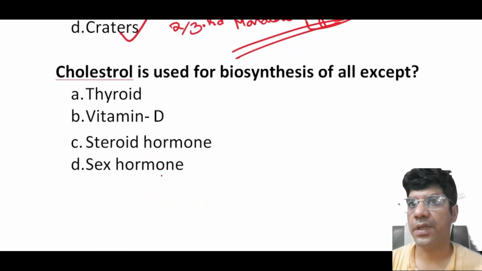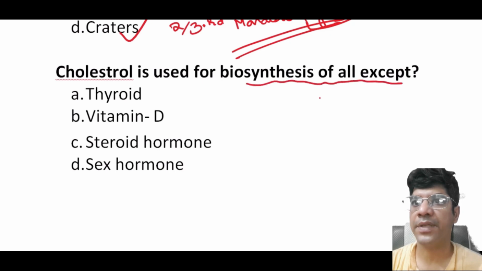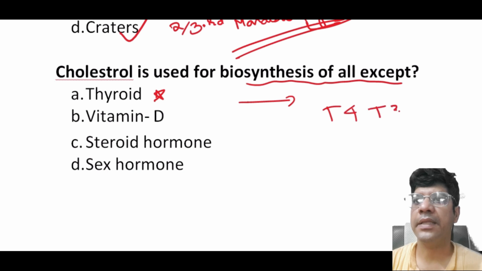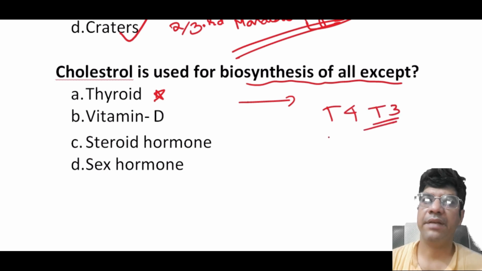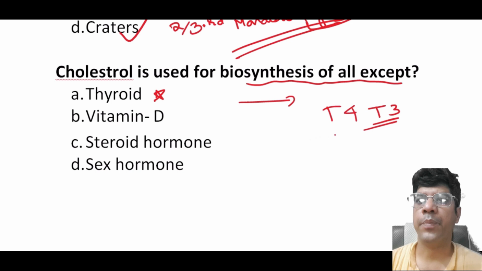Coming to next question, cholesterol is used for biosynthesis of all except. The answer is thyroid. Thyroid hormone, we know it includes T4 and T3. And these T4 and T3 play an important role in regulating the metabolism, growth and development.